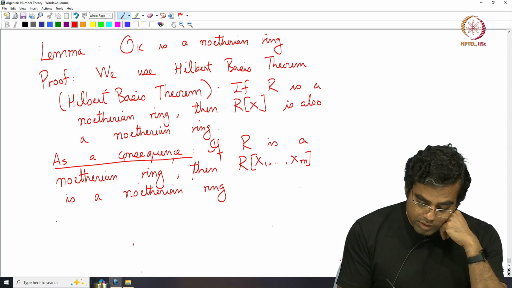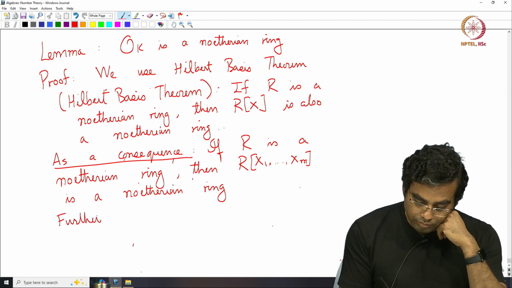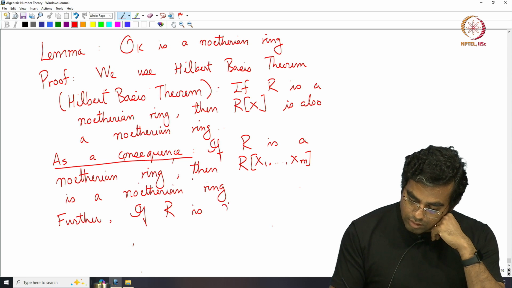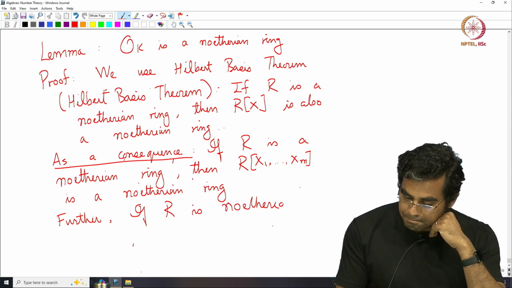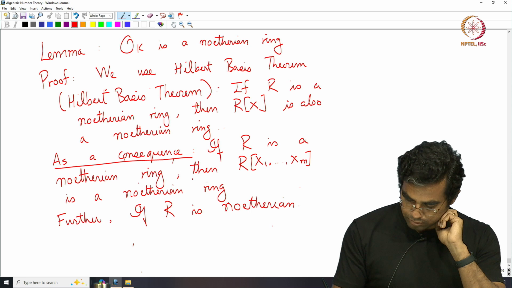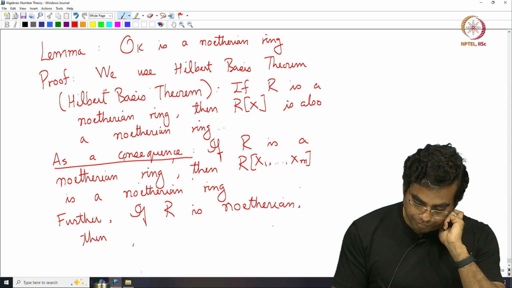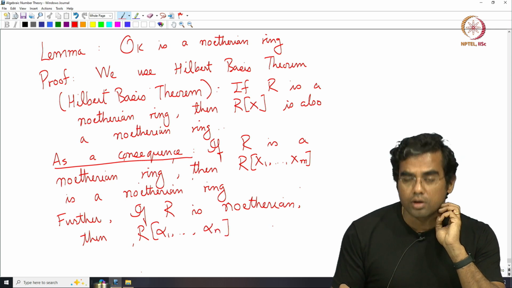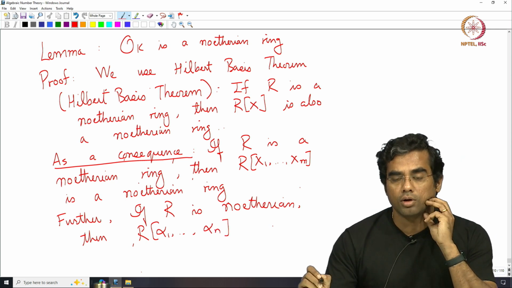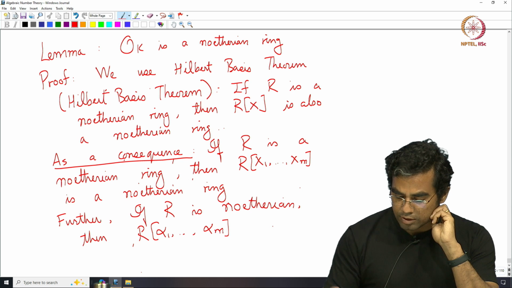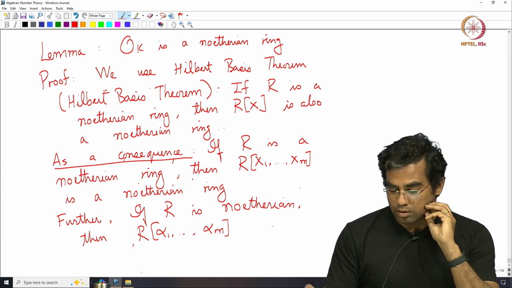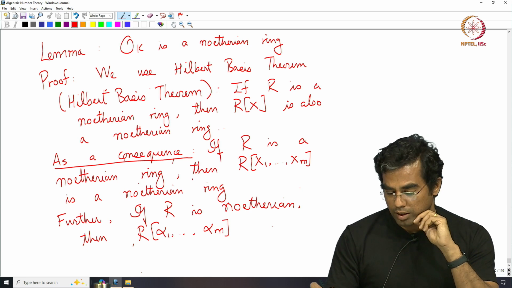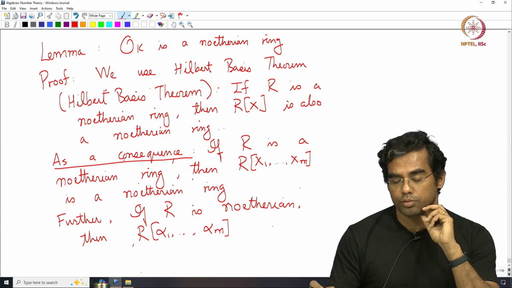Now, another consequence, if R is Noetherian, then R[alpha 1, up to alpha n]. So, these alpha i's are not necessarily variables now, they lie in some bigger ring containing R, and I am just adjoining them to R. Okay.